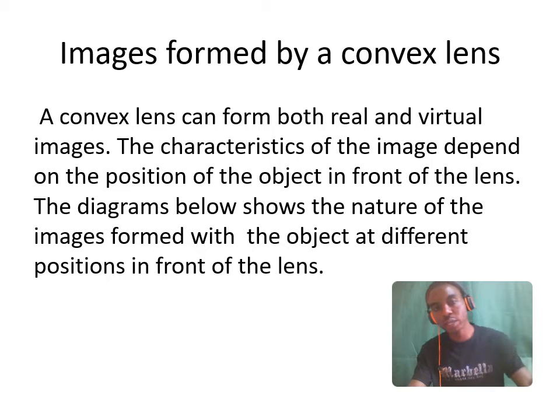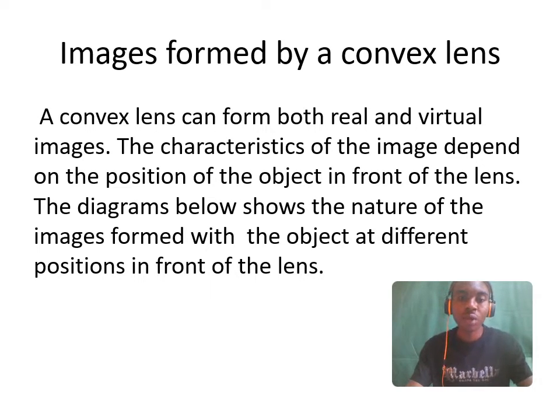The characteristics of the image depend on the position of the object in front of the lens. When we talk of the characteristics, we are talking about the size of the image, the position of the image, the distance from the center, and the height of the image.